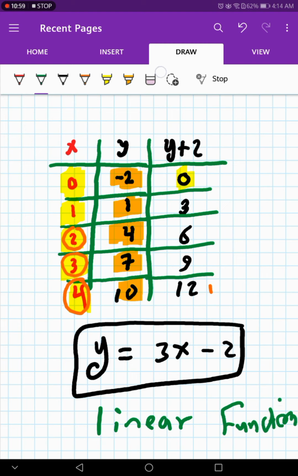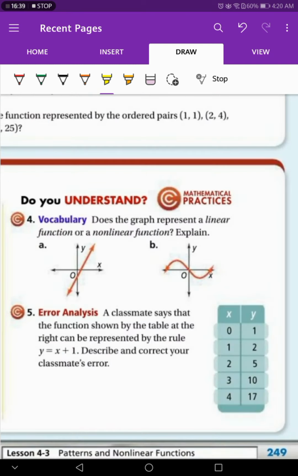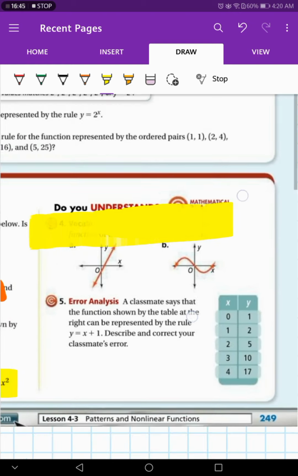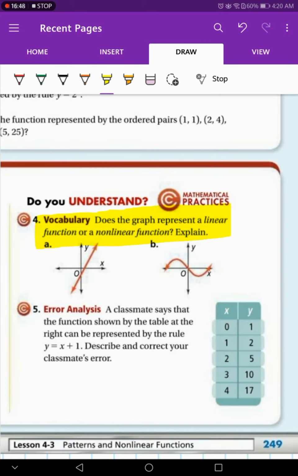Okay, my dear student, now let us move to the next question, number 4. Does the graph represent a linear function or non-linear function? Explain. The first one, as you know, is a straight line, so it is linear.